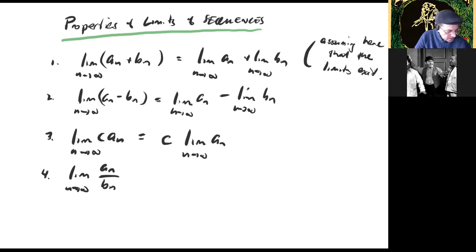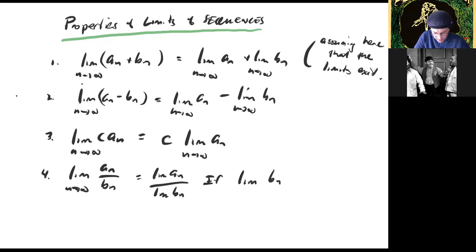And then this will be the limit of a sub n over the limit of b sub n as n goes to infinity, if we're assuming here the limit of b sub n is not 0. Okay, so these are basic, obvious properties.